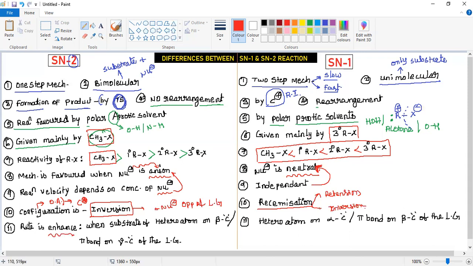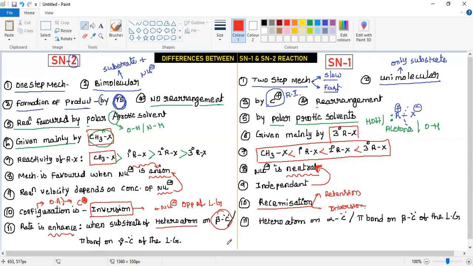Okay, next, in SN2 the rate of the reaction is mainly enhanced. Very important point: the rate is mainly enhanced when the heteroatom, I already told, heteroatom means the different atom, should be present on the beta carbon. దేనిపైన ఉండాలి heteroatom? Beta carbon. Otherwise a pi bond, like a double bond or a benzene ring, should be present on the gamma carbon of the leaving group. Leaving group నుంచి gamma carbon అంటే ఏమంటాం?